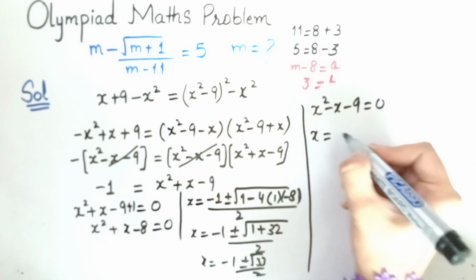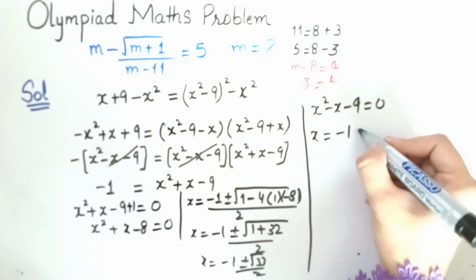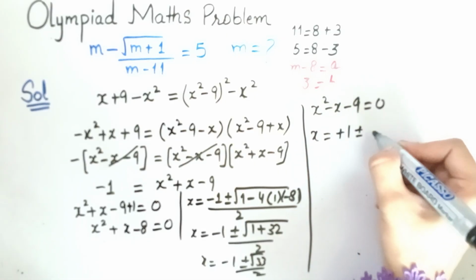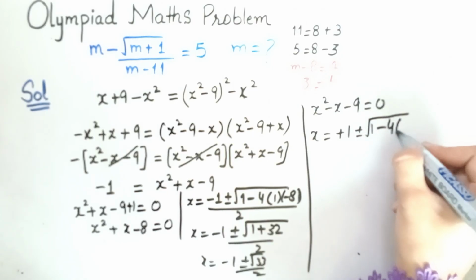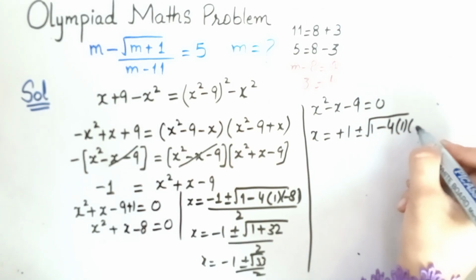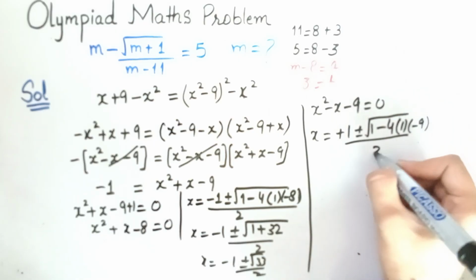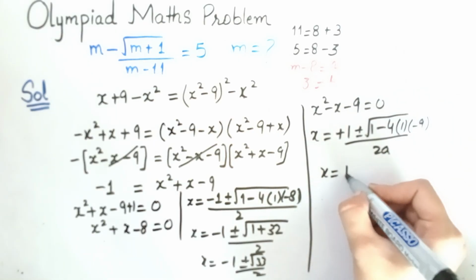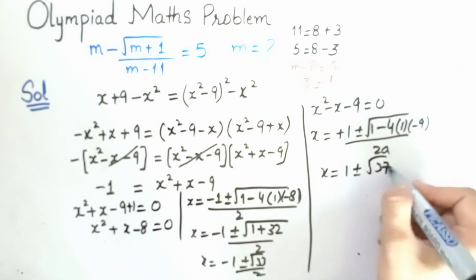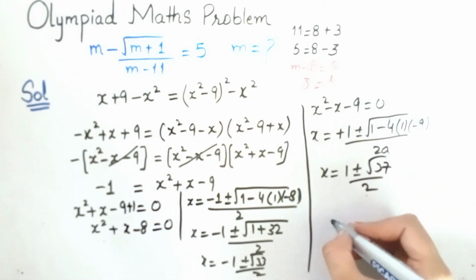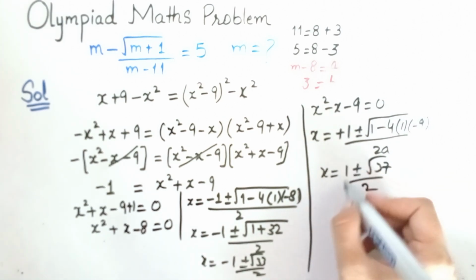So this gives us x equals minus of minus 1, it will become plus 1, plus minus root of (1 square minus 4ac), where a is 1 and c is minus 9, divided by 2a. So this gives 1 plus minus root of (1 plus 36), root of 37, divided by 2. So these are the solutions of x.